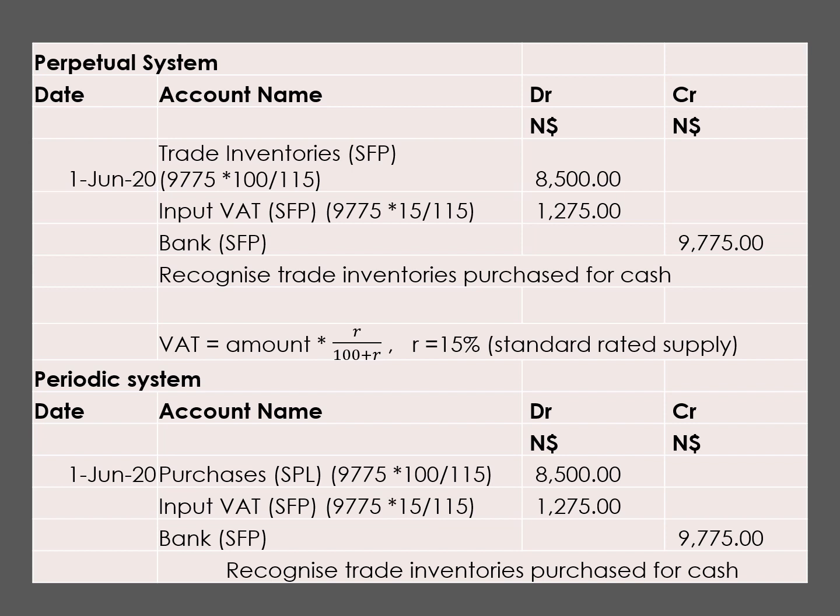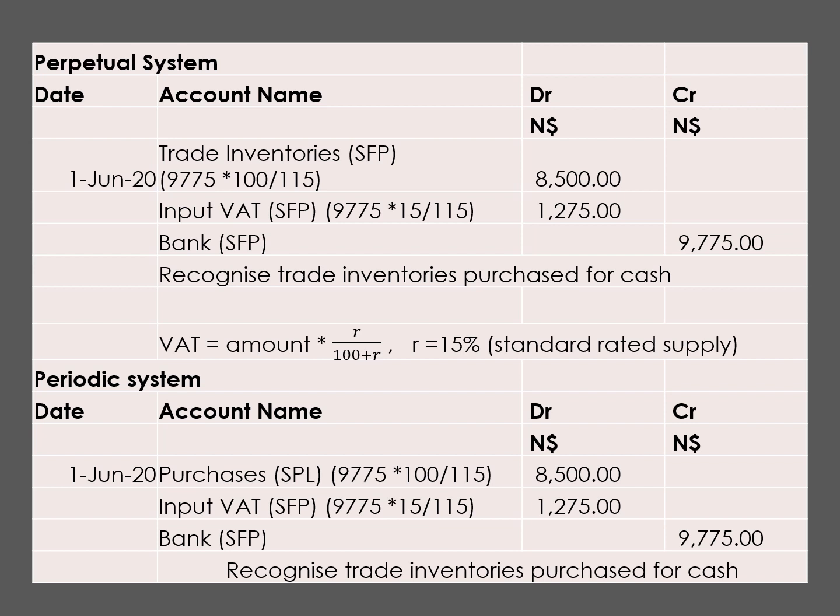We debit input VAT with 1,275 Namibian dollars because this is a VAT on purchases and also because input VAT is an asset as we can claim it back from the receiver of revenue. Finally, we credit bank with the total purchase price of 9,775 Namibian dollars as bank is an asset, and in this instance it is reducing as a result of the payment.